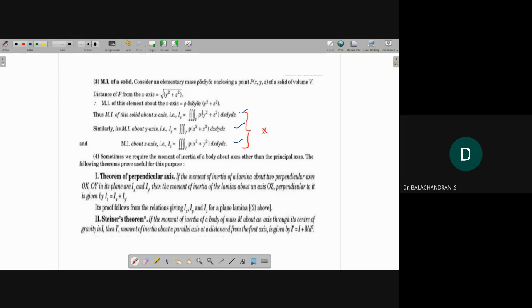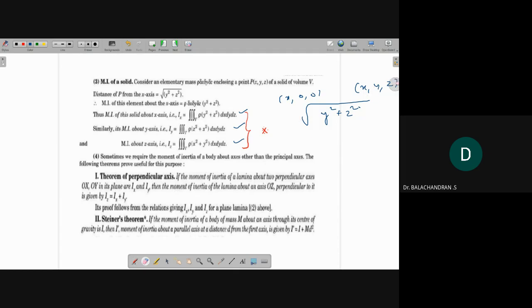This is coming from this: if you take a point on the x-axis, (x, 0, 0), and a general point (x, y, z), the distance between these two points squared is y square plus z square. Then m r square, where r square is y square plus z square. So here you have y square plus z square.